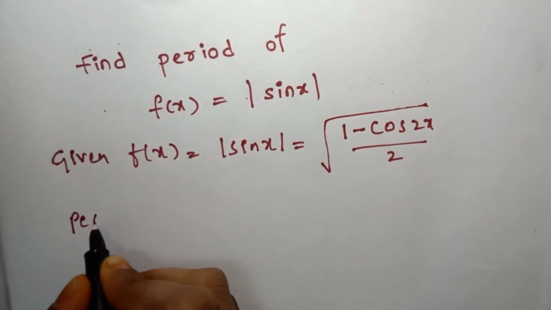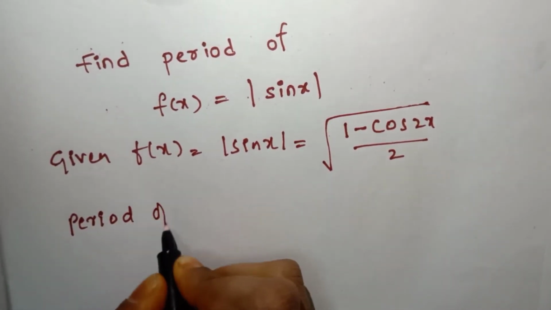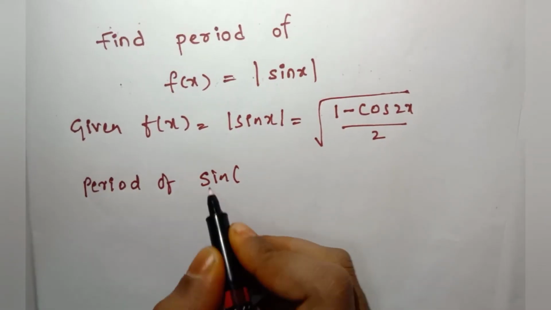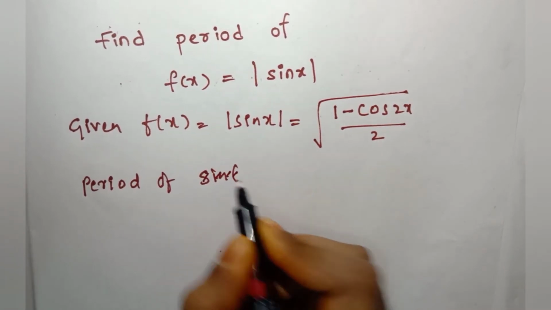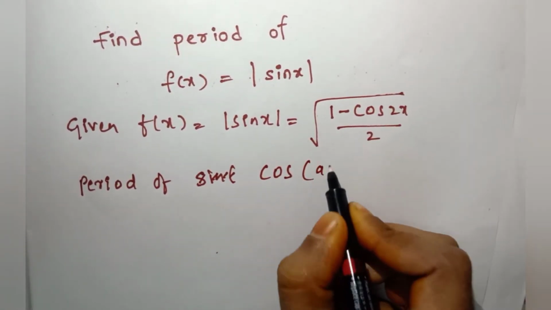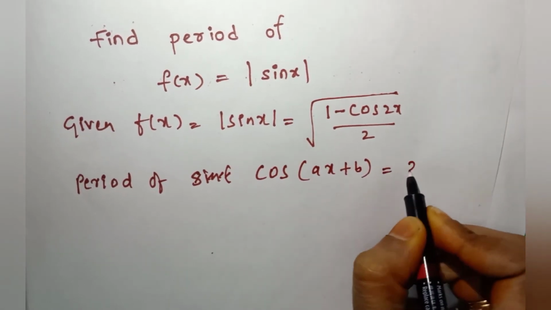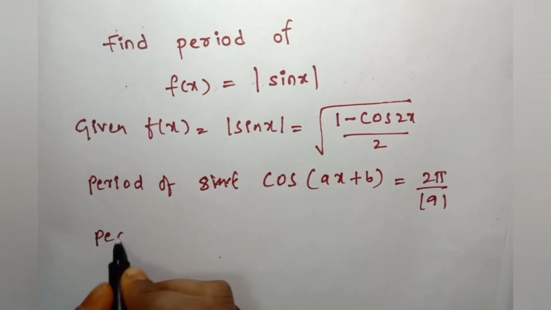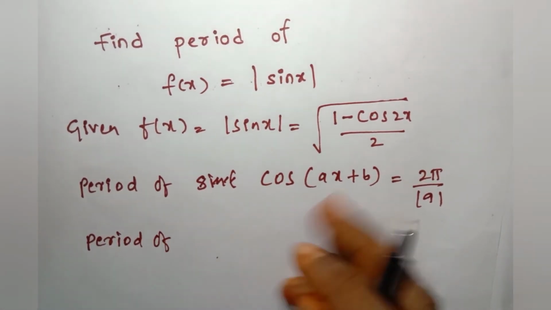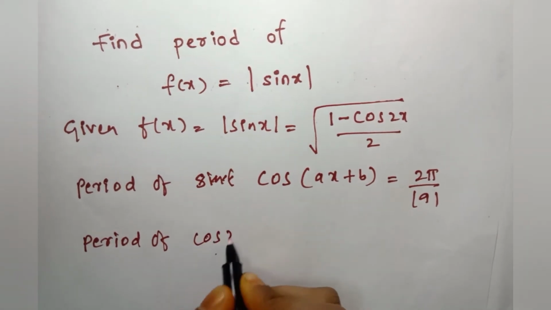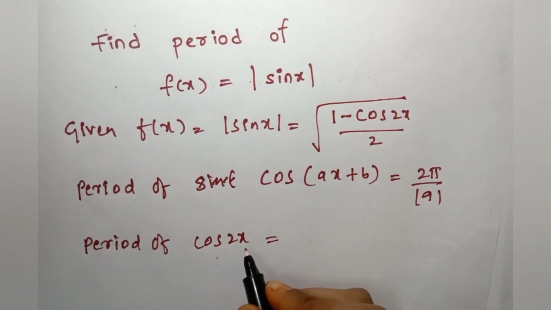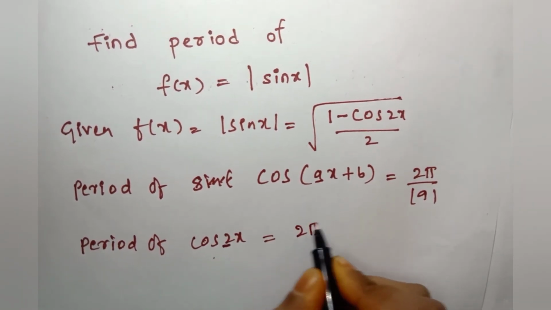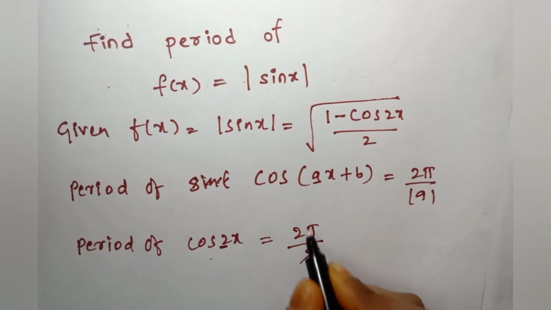So we know that the period of cos(ax+b) is equal to 2π/|a|. This is the formula. Here I'll take the period of cos 2x, where the a value is 2, so it will be 2π/2 which is equal to π.